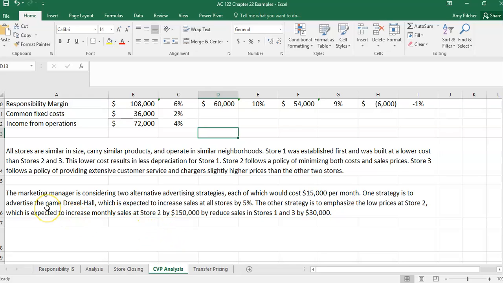The first strategy is to advertise our brand, which is expected to increase sales at all stores by 5%. The other strategy is to emphasize the low prices at store 2, which is expected to increase monthly sales at store 2 by 150,000 and reduce sales in stores 1 and 3 by 30,000.